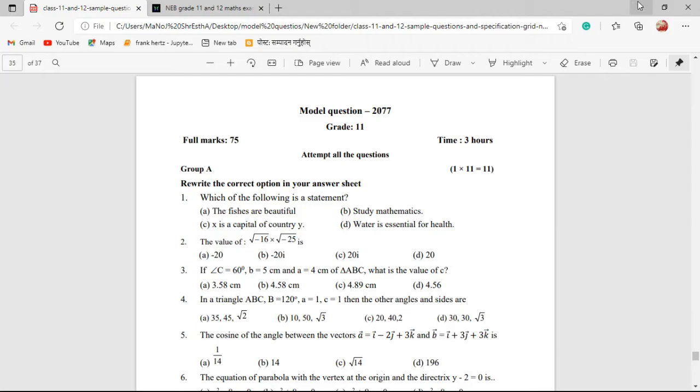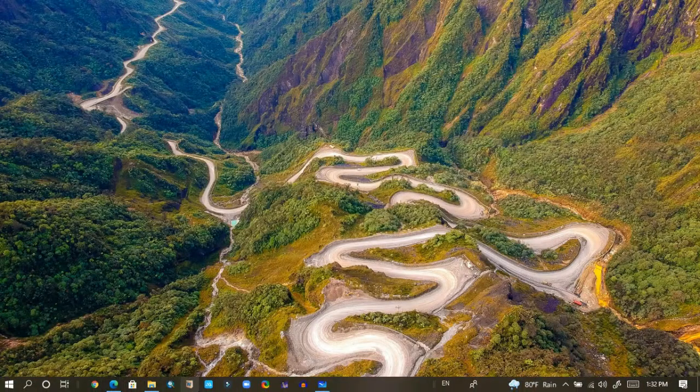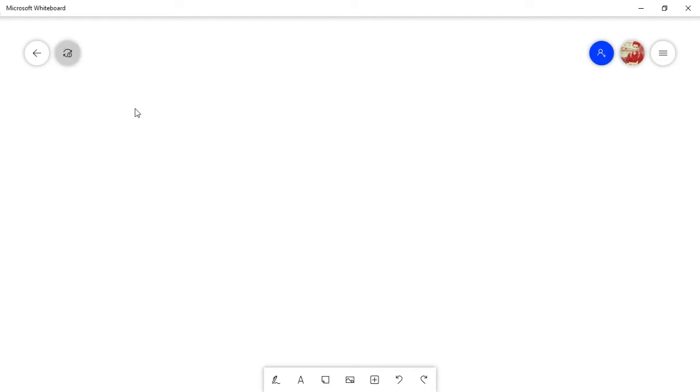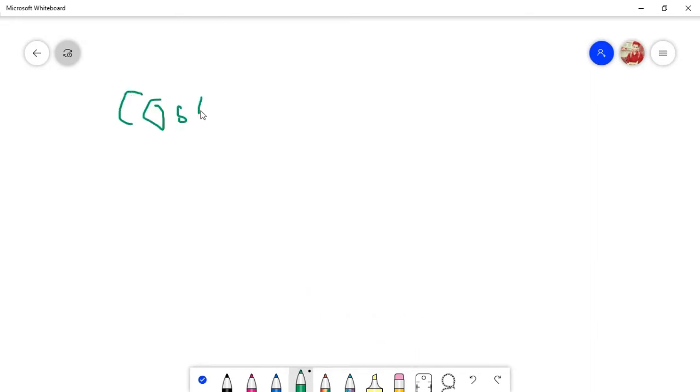We already discussed the cosine law. For solving this problem, we also need to use the sine law.